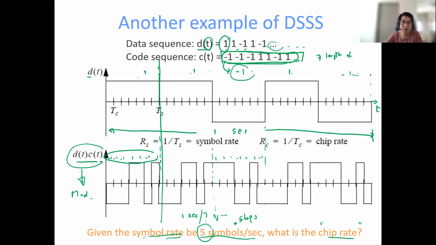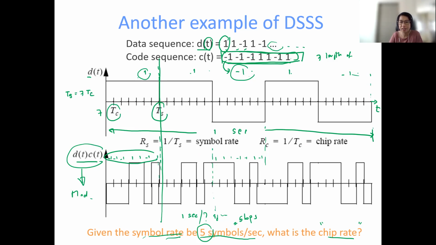So for 1 bit, you have 7 chips, right? When you multiply the data with the code, we call it the chip. So within 1 TS, you divide it into 7 TC. Is that correct? Right? So 1 TS equals 7 TC, right?